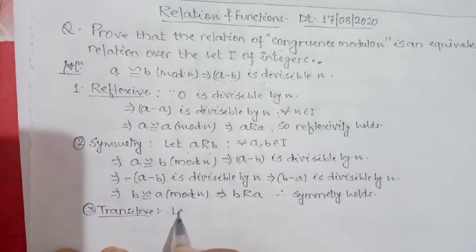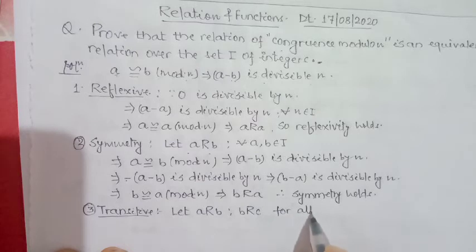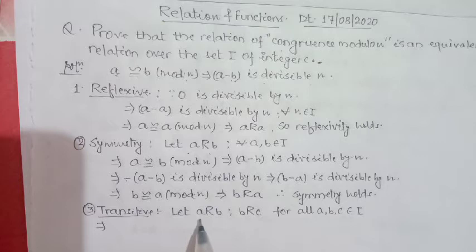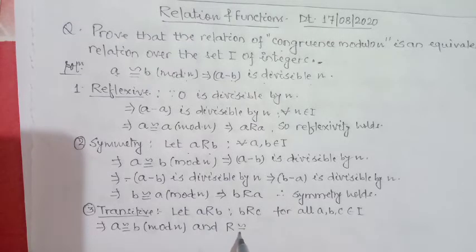So let a be related to b and b be related to c for all a, b, c belongs to integer I. So a related to b means a congruence b modulo n, and b congruence c modulo n. Sorry, b congruence c.